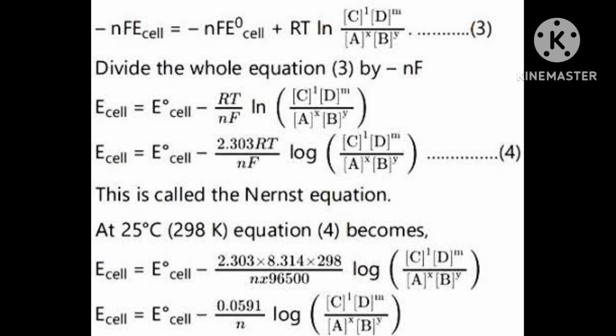Here I have sent one distinct chart for electrode potential, a standard electrochemical potential table, I have sent already.